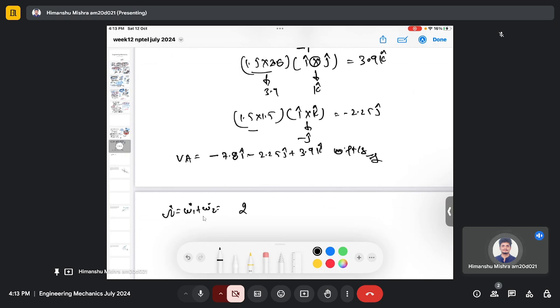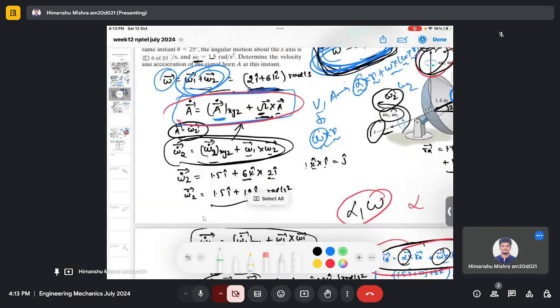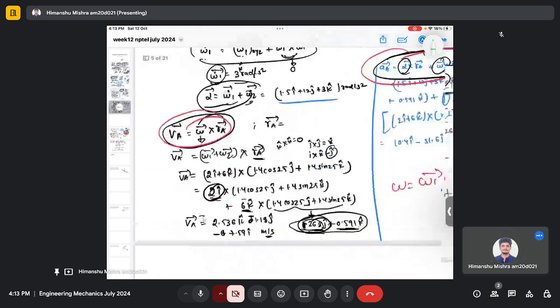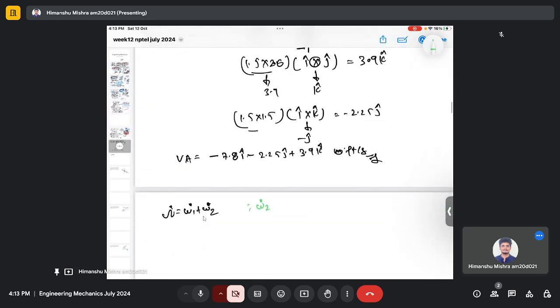So to calculate omega 1 dot, we will use the same equation that we have used previously. Previously we used this expression to calculate omega 1 dot and omega 2 dot. So the omega 2 dot will be omega 2 dot in the moving frame plus omega cross r.